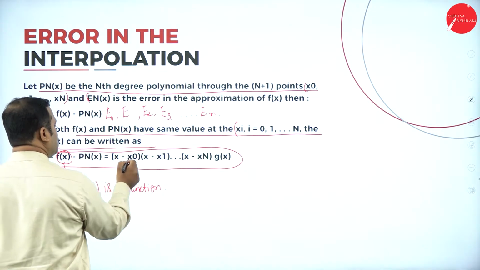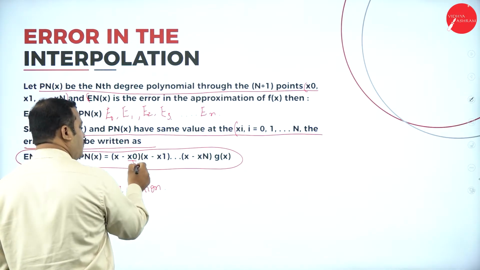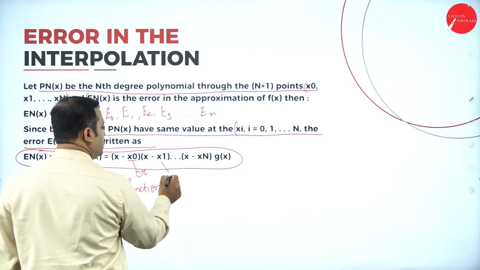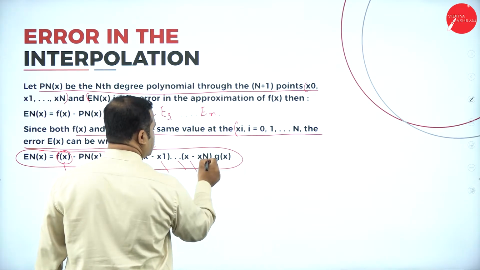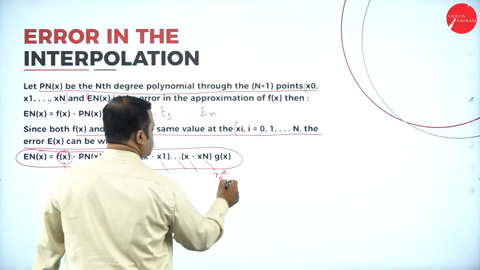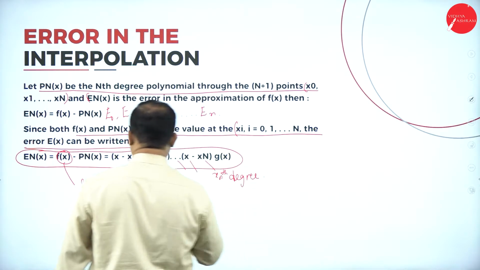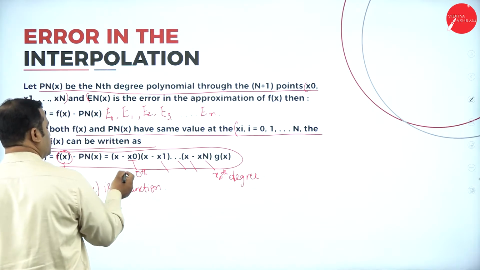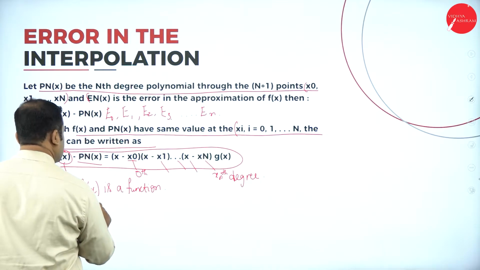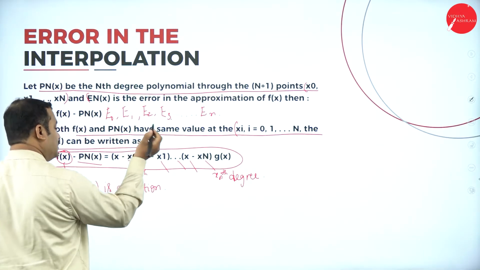What does x0 indicate? It indicates the 0th degree, first degree, second degree, third degree, and so on up to the nth degree. So we have terms like this. f of x is a function defined here, then Pn of x is another function which is of nth degree.